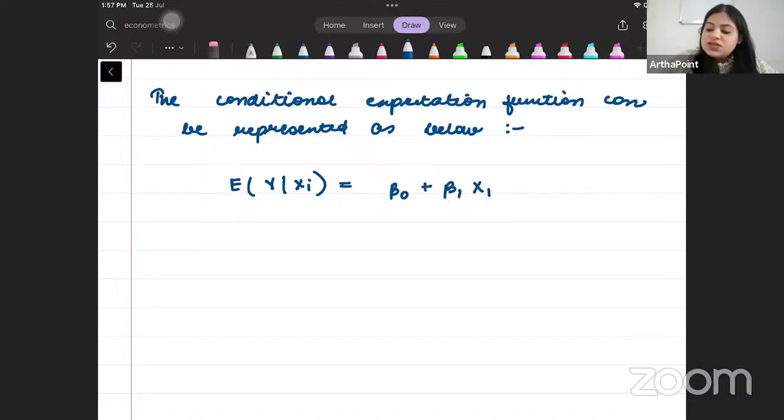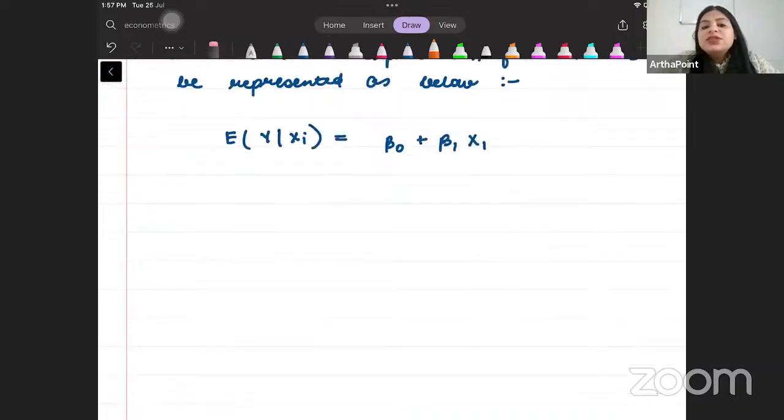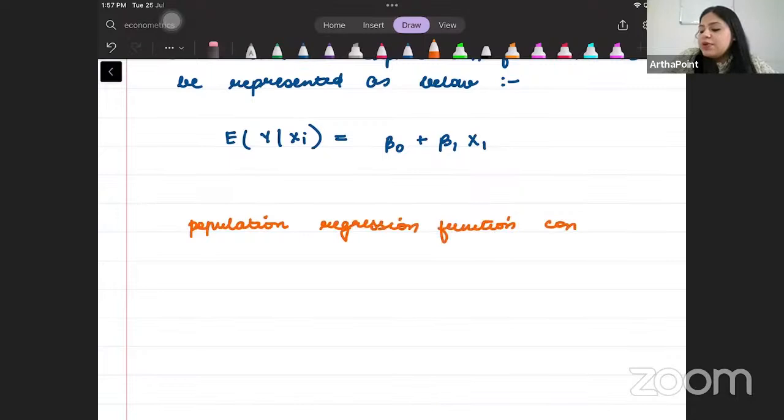And from this, if I have to convert this conditional expectation into population regression function, how can I do that? The population regression function can be represented as this.